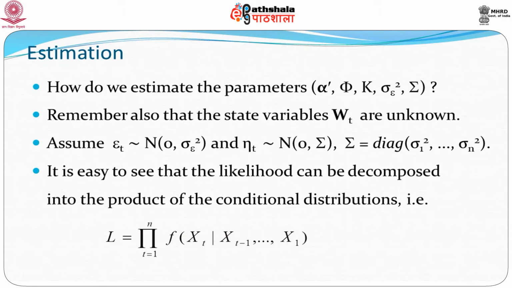We will see that the likelihood can be decomposed into the product of the conditional distributions. That is, we have a joint distribution which is f x1, x2, ..., xn, but what we will do is we will start with f x1 into f x2 given x1, f x3 given x1 and x2, etc. So, in general it will be f x t given x1 to x t minus 1, that is given the past, and since we are looking at a time series which is causal, we will be primarily looking at this sort of a distribution.